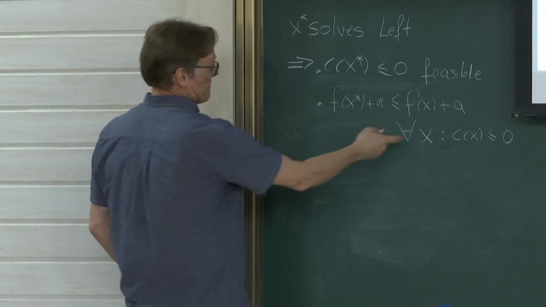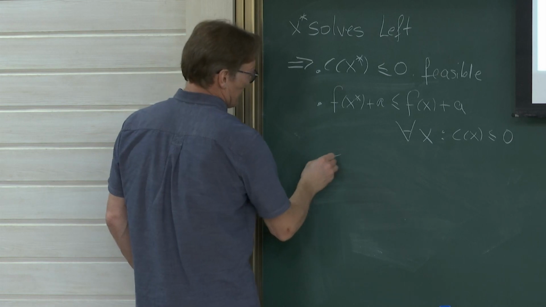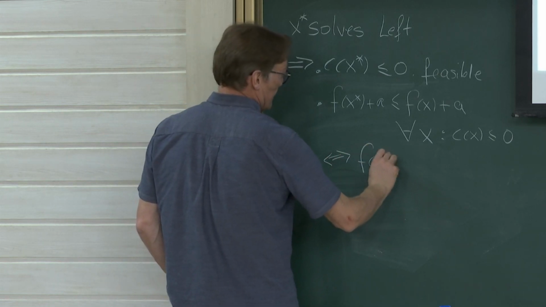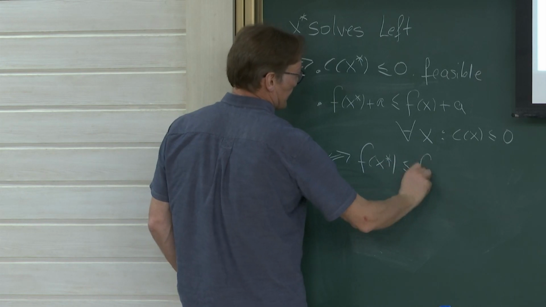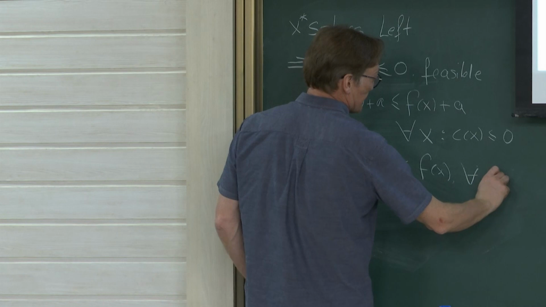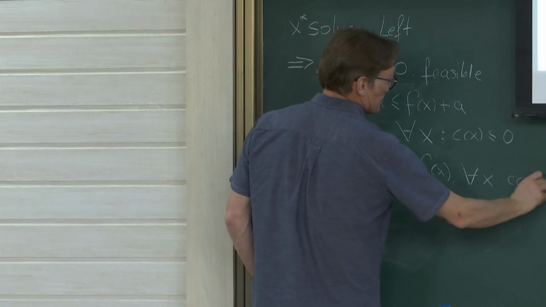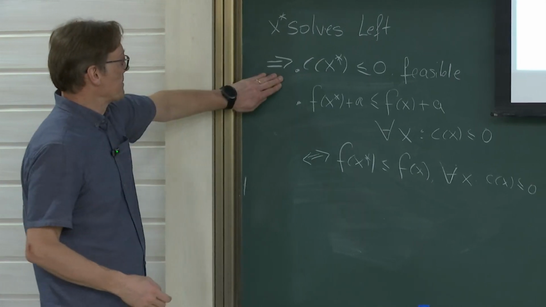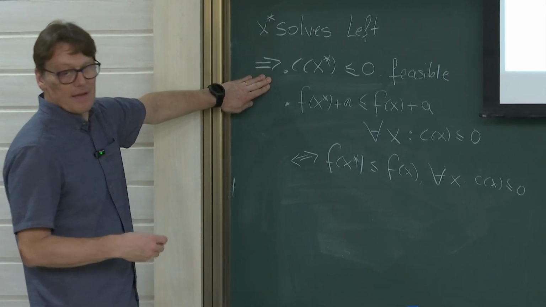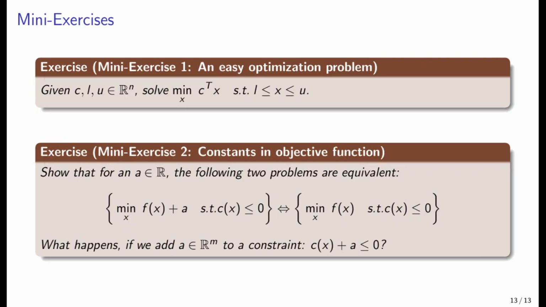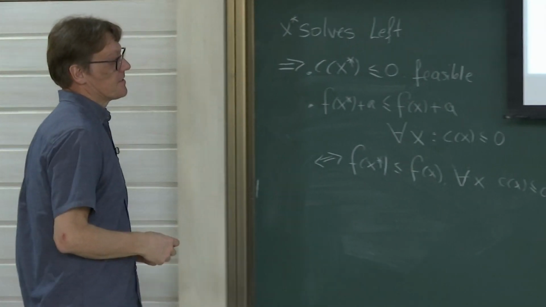But that's equivalent to saying f of x star is less than or equal to f of x for all x such that c of x is less than or equal to 0. So we have equivalence of feasibility because the feasible set is the same, and then we have equivalence of optimality by just looking at the definition.